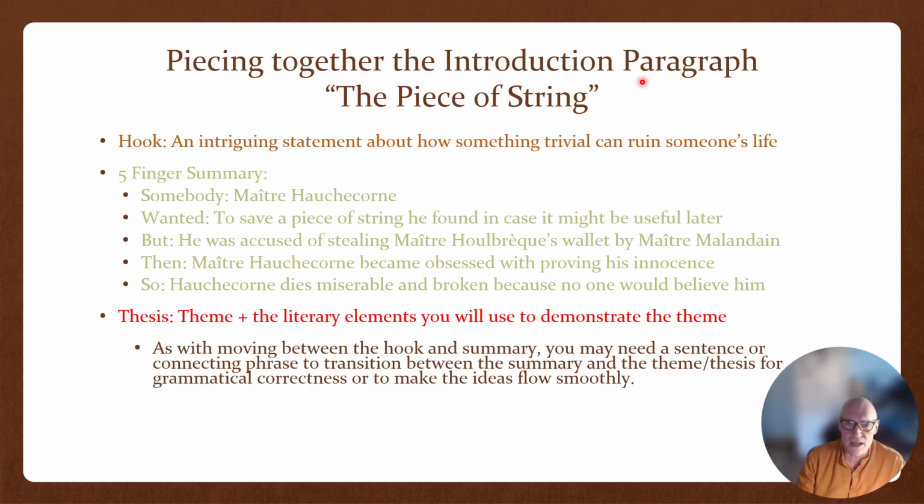The five-finger summary would start off with Maître Hochkorn is somebody. He wanted to save a piece of string he found in case it might be useful later. But he was accused of stealing Maître Holbrook's wallet by Maître Malandin. Then Maître Hochkorn became obsessed with proving his innocence. So Hochkorn dies miserable and broken because no one would believe him.